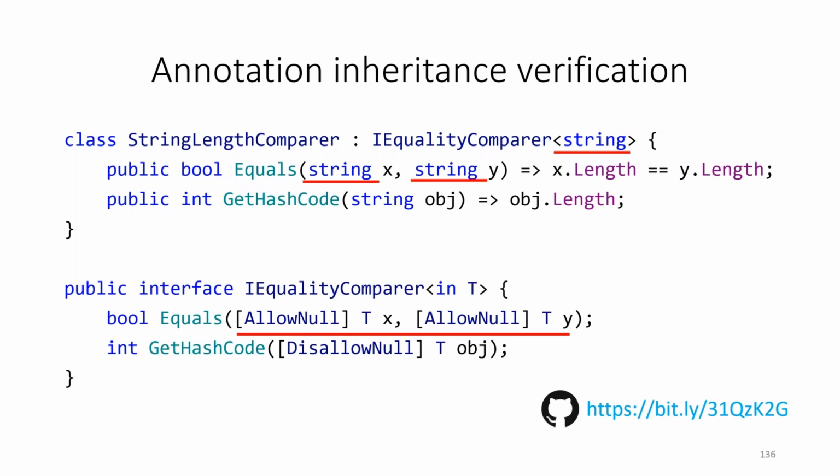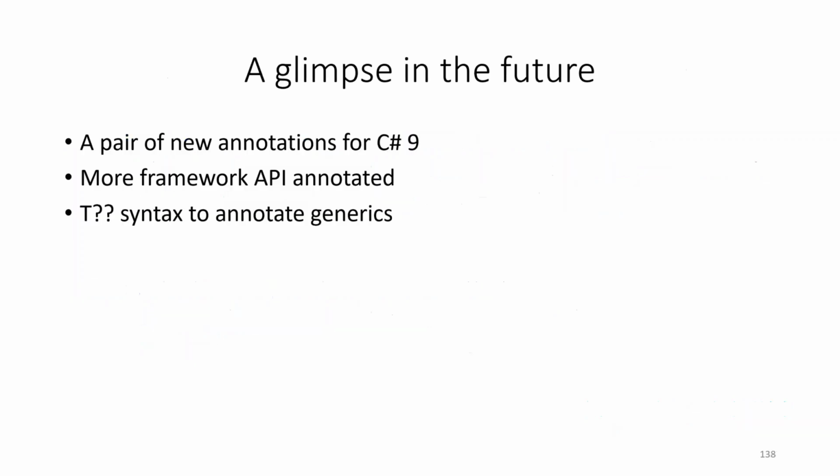And now the compiler also verifies the signature, so I don't need to check every interface I implement because it will warn me that the equals method should allow null values and I didn't implement it correctly. So again, more warnings and safer code.